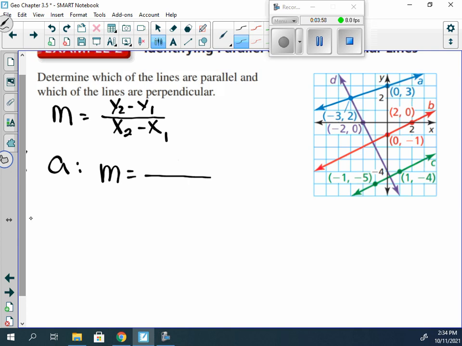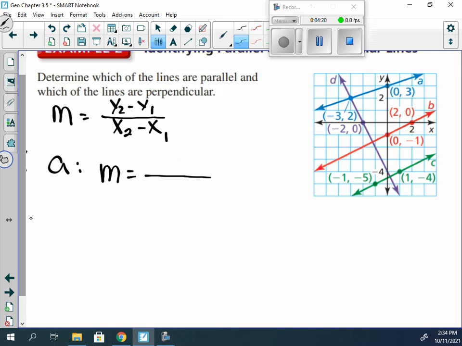So if we look at this here, line A, what are the 2 points that are on line A? 0, 3, and -3, 2. So what would our y values for those 2 points be? 2 and 3.